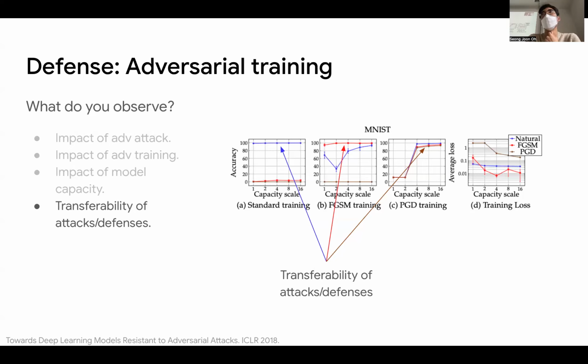I'm not too sure. I don't remember any paper discussing the impact of different attacks on decision boundary complexity or the complexity of the loss surface, these kinds of topics. But I can imagine you should be able to find some paper on that as well.